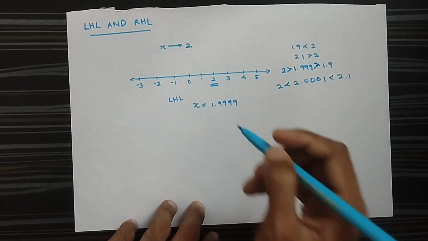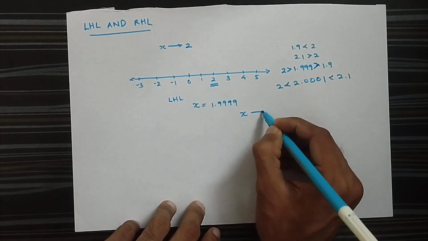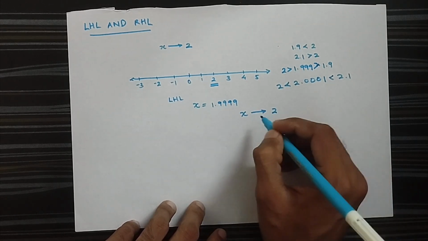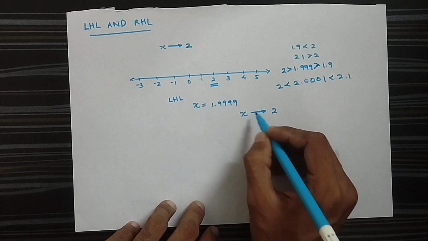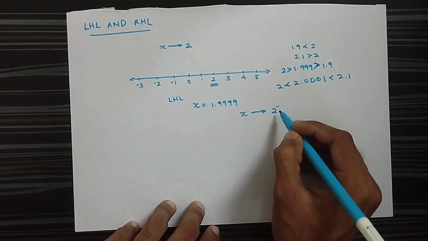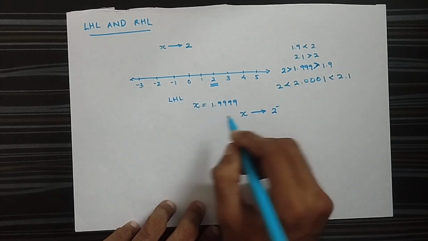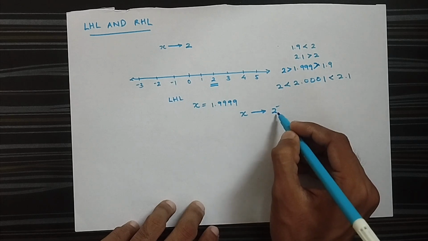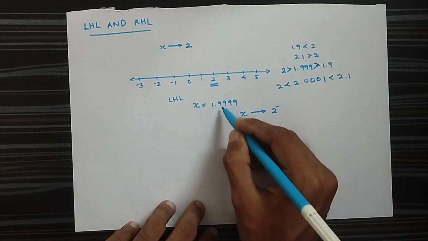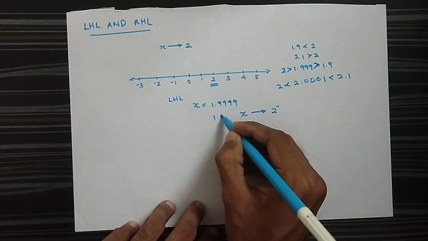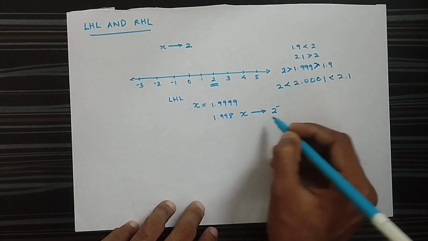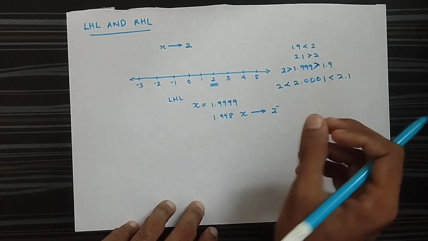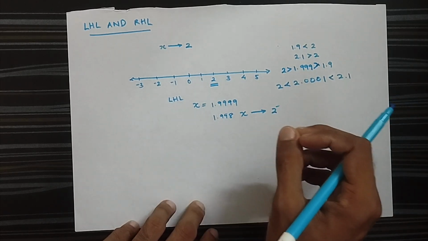Then we can say that x tends to 2 from the left hand. We can denote this by the minus sign. Minus would mean left hand side of the number. So x tends to 2 minus can be approximated to 1.9 or 1.98, any number very close to 2 which is on the left hand side of 2.